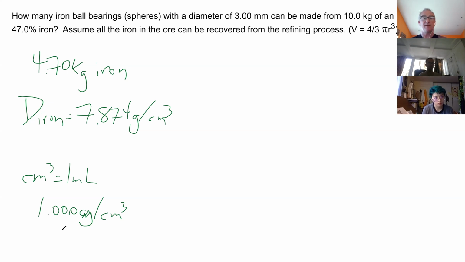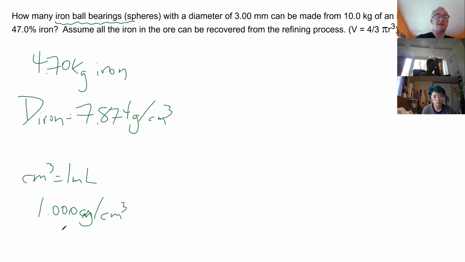First thing we need to do, though, is figure out how many ball bearings can be made. We need to figure out what the mass of one ball bearing would be, right? Does that sort of make sense?